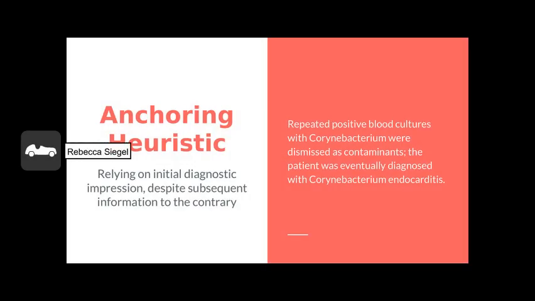And then with anchoring heuristic, this is when the doctor or mental health professional will kind of rely on something initial that they see in the patient, even though they might receive more information after that.